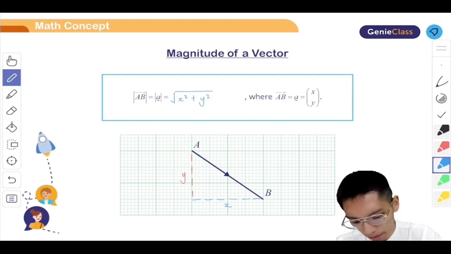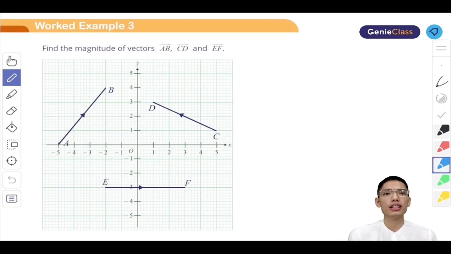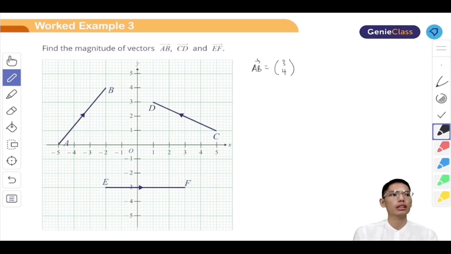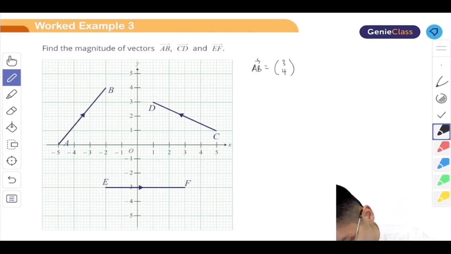Let's move on. I'm going to reuse these vectors for work example 1. Let's see how we find the magnitude of these vectors. Now AB, if you recall, my vector is actually (3, 4). So how do we calculate the magnitude? By Pythagoras theorem.